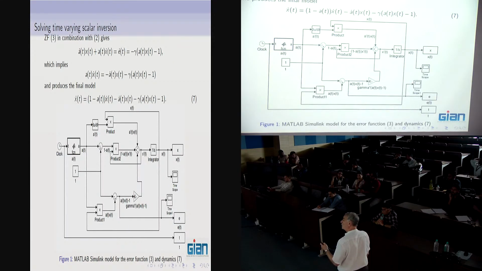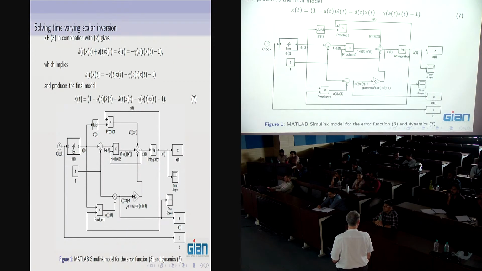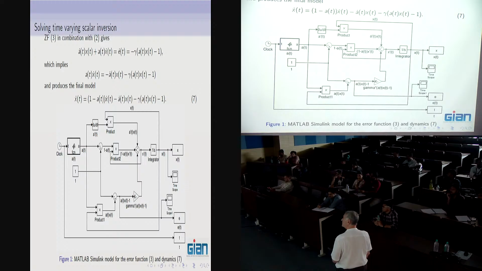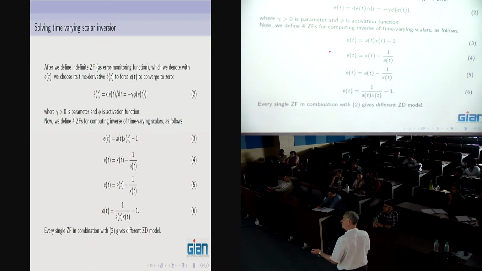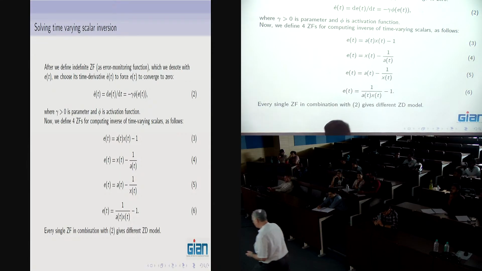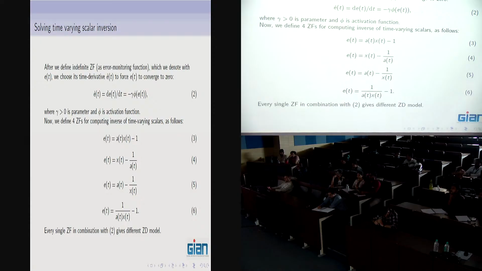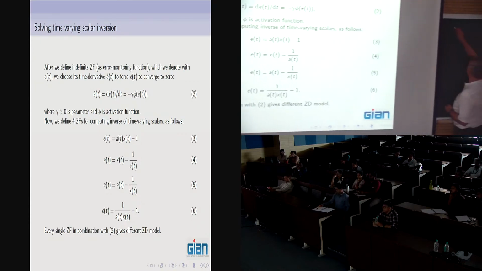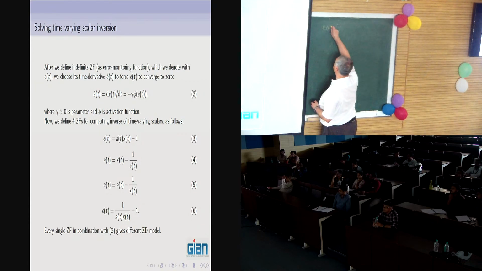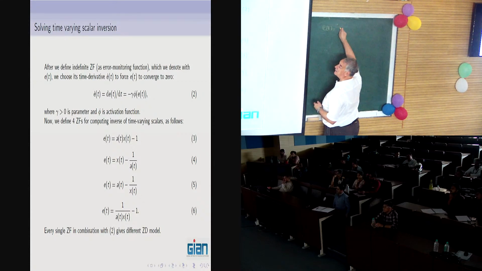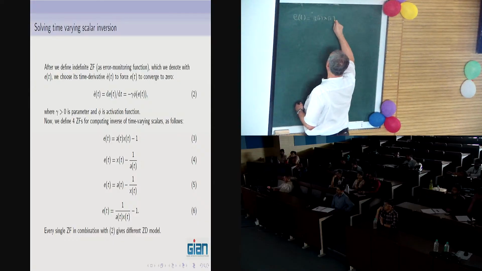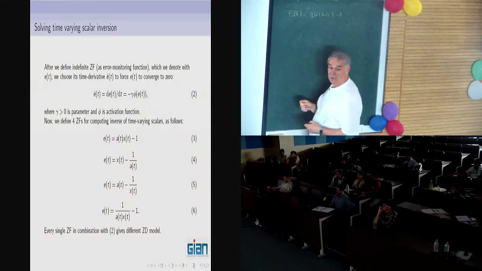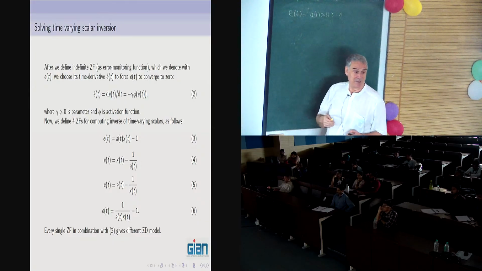Now you are experienced in defining ZNN models, and some of you, using this error function, can define a ZNN model. We have E of t equals A of t, x of t minus 1. Not an identity matrix, 1, since we consider a scalar value.